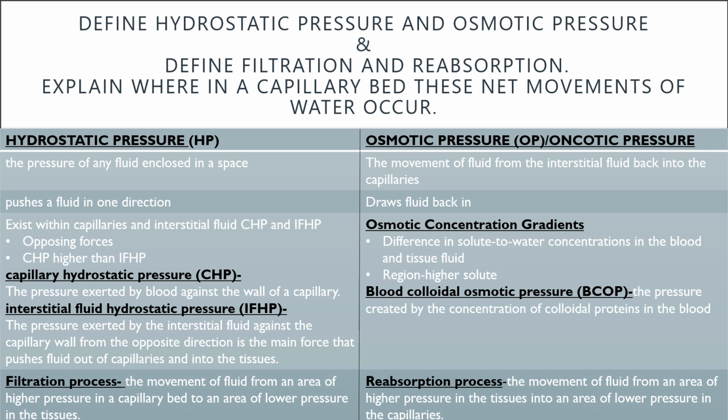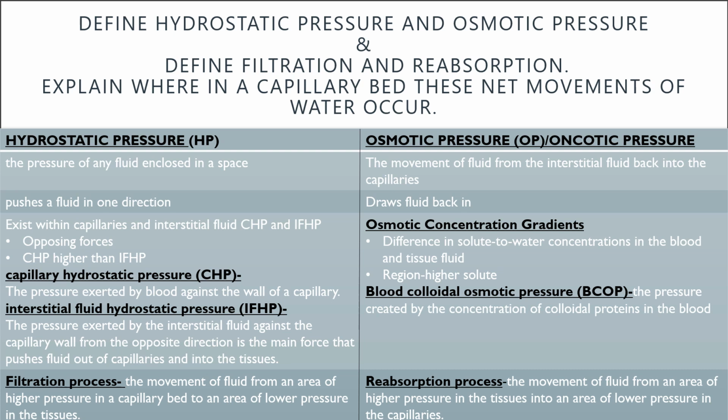Thus, at the arterial end of a capillary bed, fluid generally moves out of a capillary and into the interstitial fluid. This process is called filtration, which is the movement of fluid from an area of higher pressure in a capillary bed to an area of low pressure in the tissues.